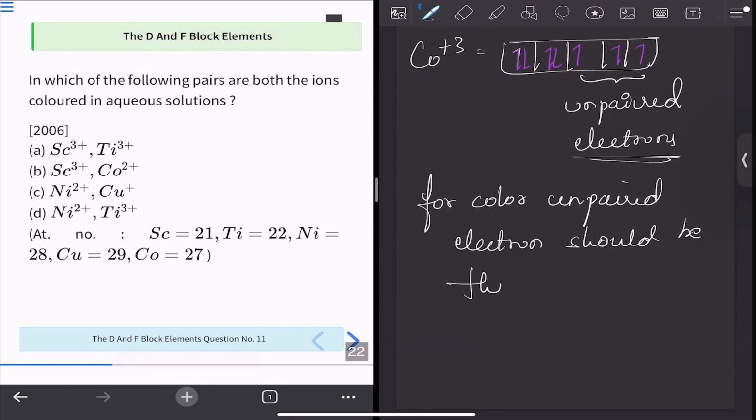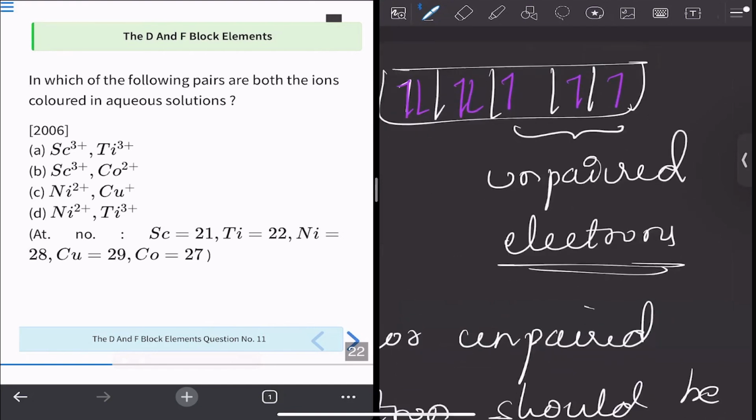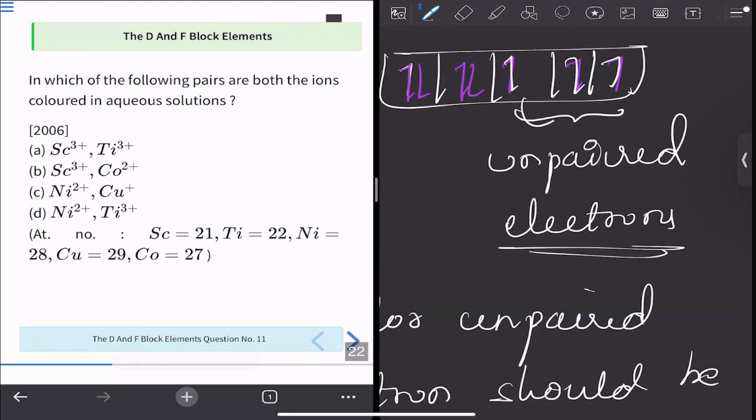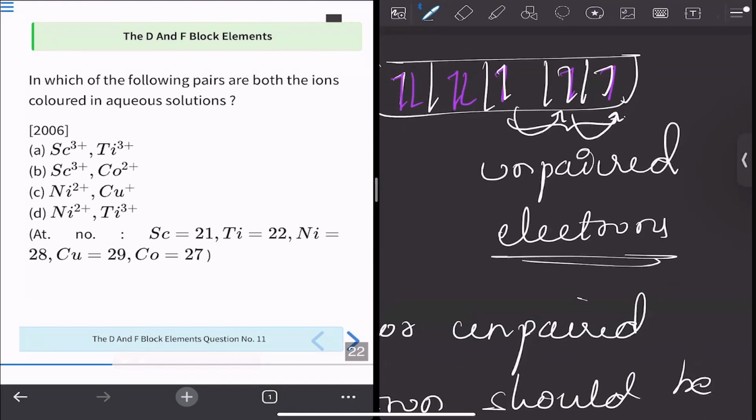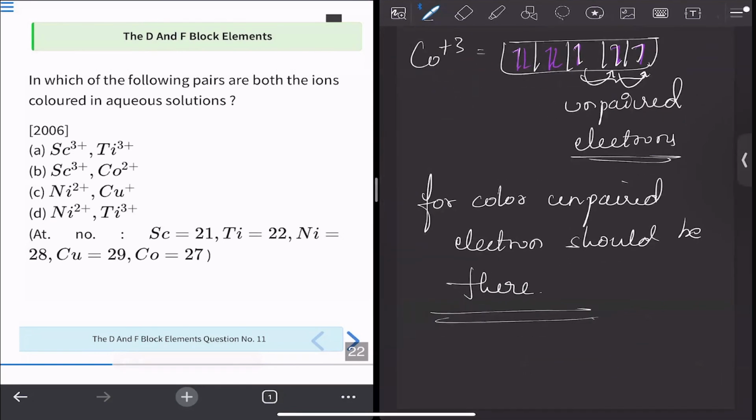The color is produced when an electron goes from one subshell to another subshell, so there is a transition. These unpaired electrons go through the transition, and because of that the color is produced. Here there are three unpaired electrons in the cobalt ion, so the color is produced.